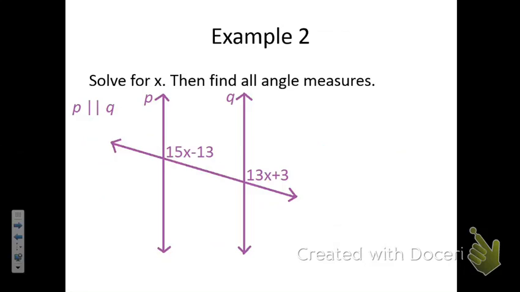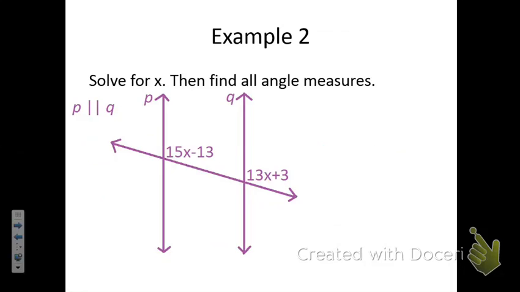Brooke kind of piggybacked there. P and Q are parallel, which makes my two angles here, 15x minus 13 and 13x plus 3, corresponding. And what do we know about corresponding angles when my lines are parallel? Yeah, but what do I know about any corresponding angles when my lines are parallel? They are congruent, which therefore means I can set them equal.